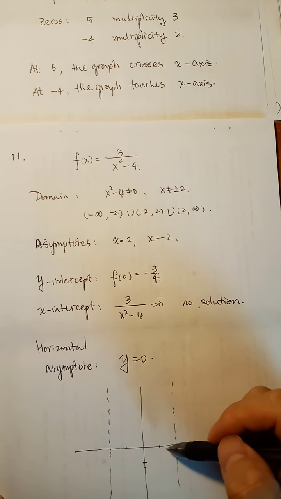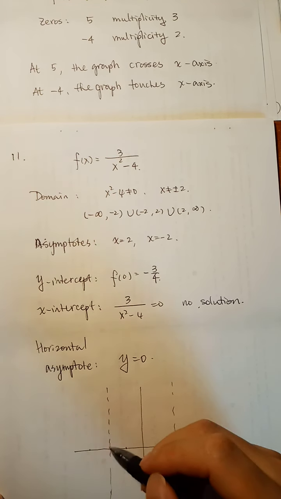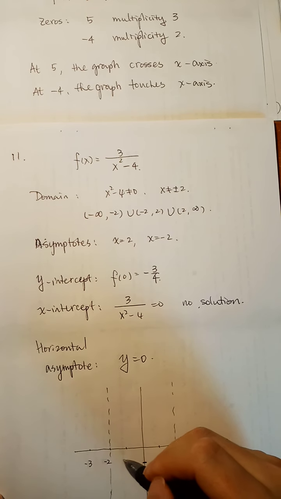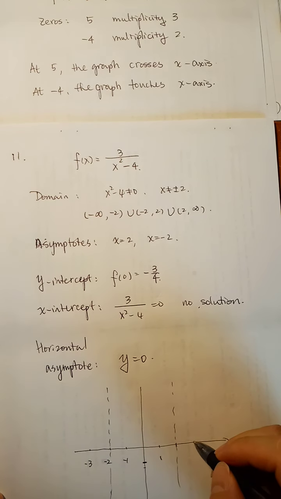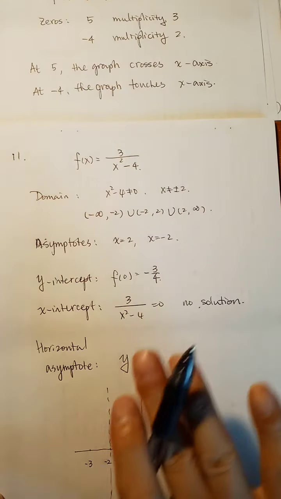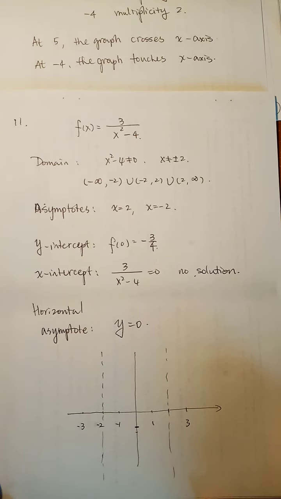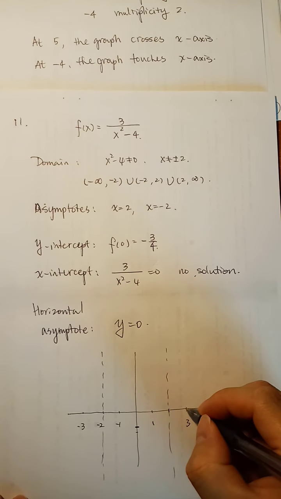So we are going to pick up sample points. If it's negative 3, negative 2, negative 1, 1, 3. And another thing you can check, this function is an even function. So if you know how to sketch it on the right hand side, you will know the sketch on the left hand side. So we check the value at 3.